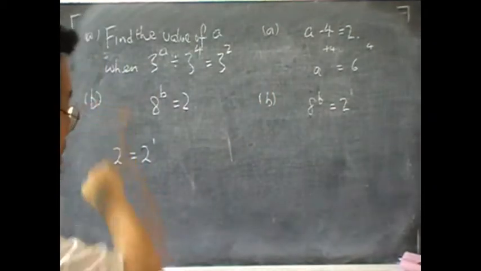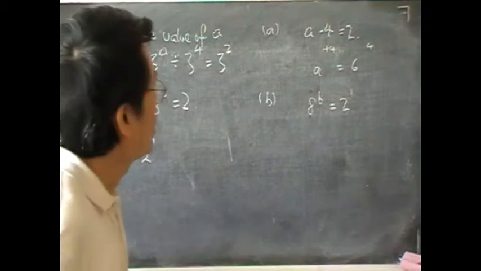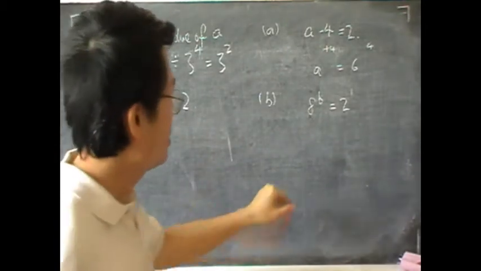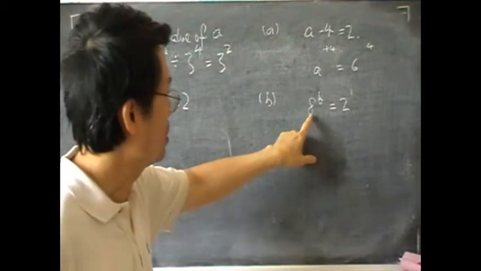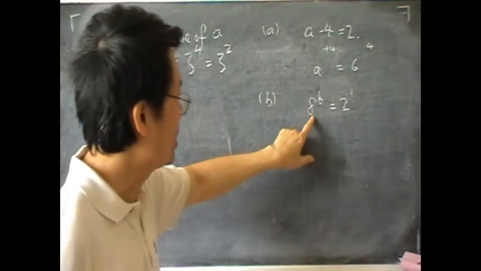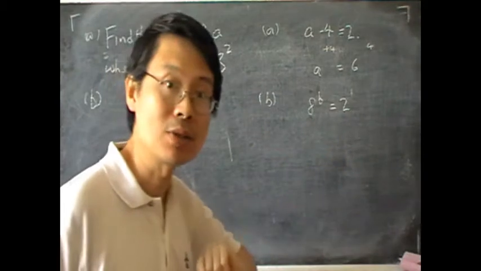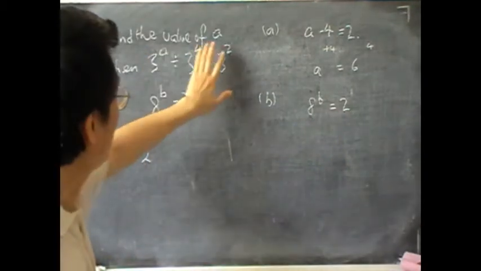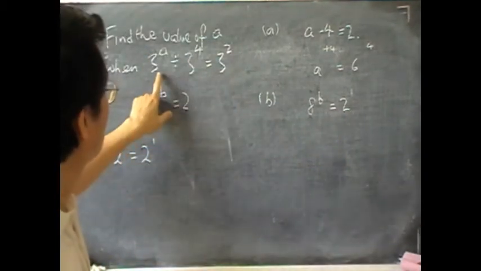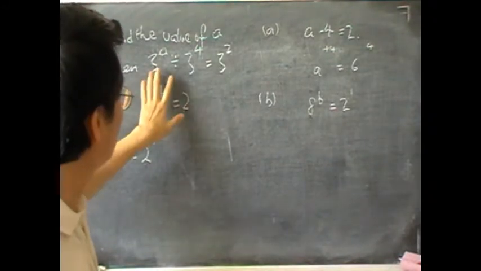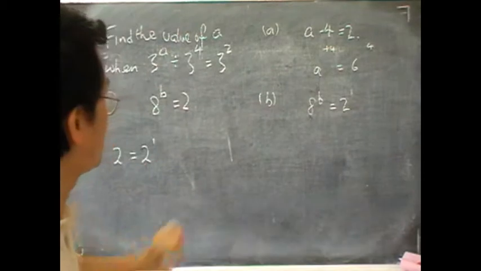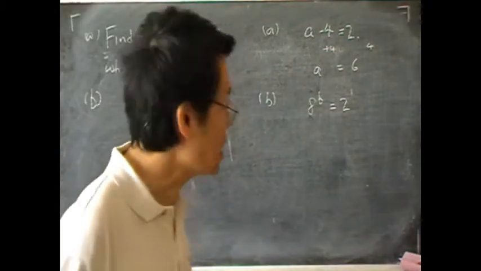Right. Now in the next step, I cannot say that b is equal to 1 yet, because I have an 8 there and a 2 there. They're not the same. In order to compare powers directly, I need to have the same numbers at the base on both sides.